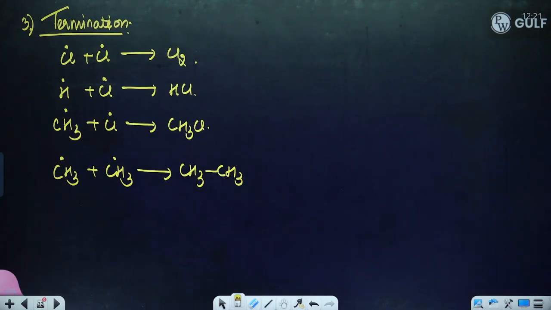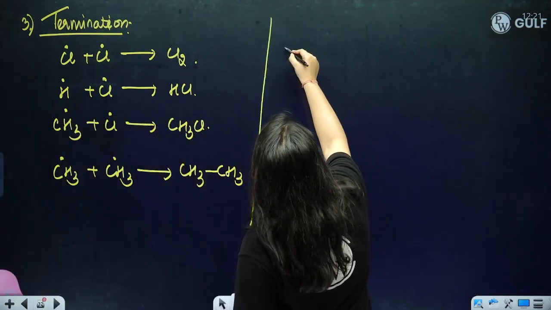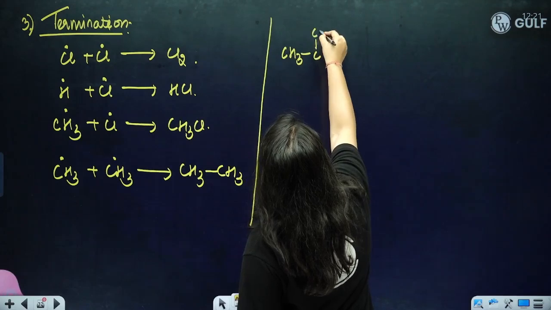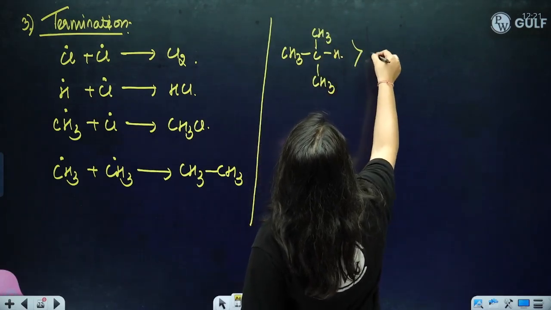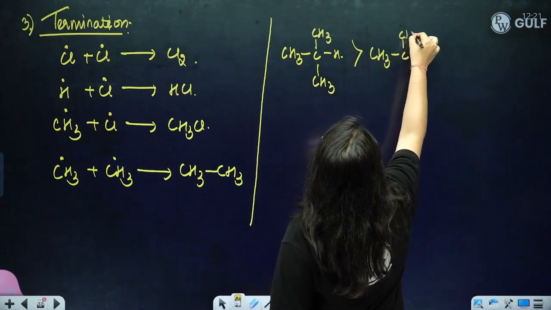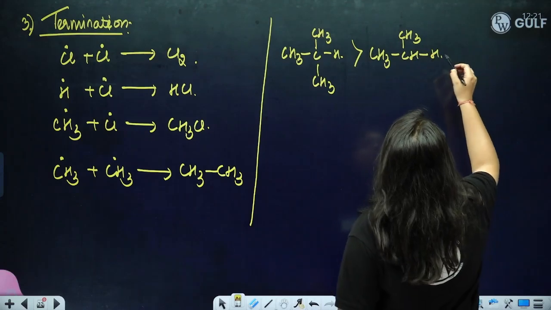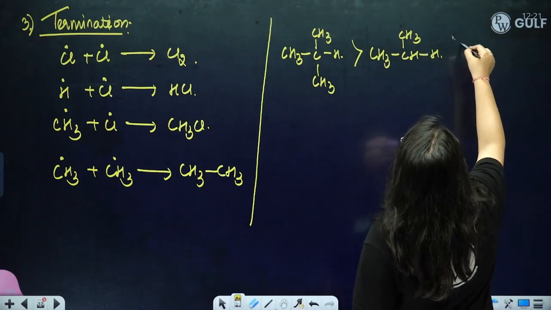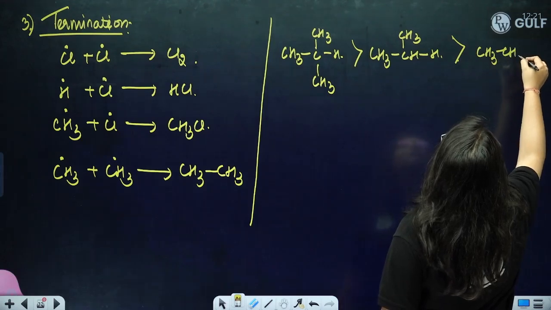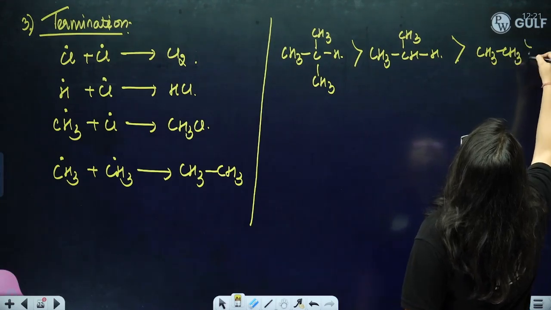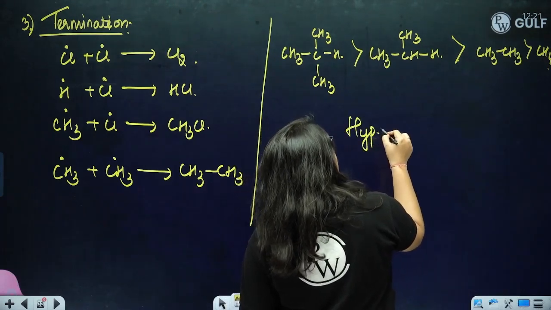Okay, beta. And as you are already aware, tertiary is going to be more stable. Tertiary is going to be more reactive, I would rather say, than secondary, which is more reactive than primary, than methane, because of hyperconjugation.